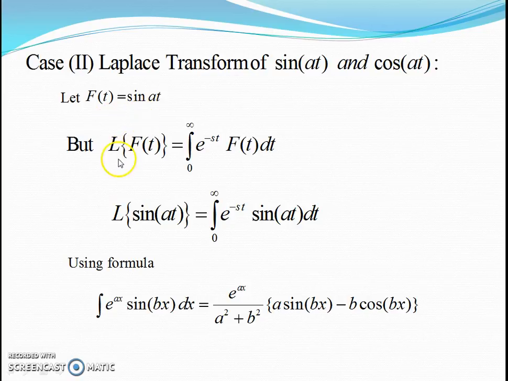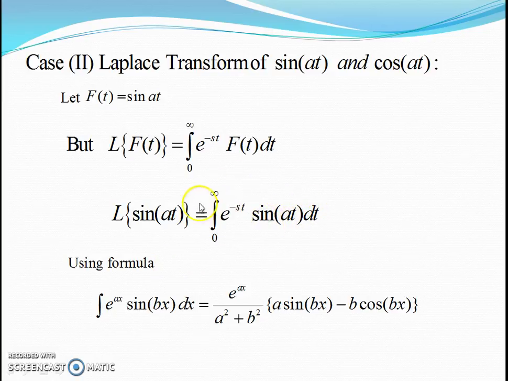Put the value of f of t in the Laplace transform of f of t, that is, Laplace of f of t equal to integration 0 to infinity e raised to minus st f of t dt. This is the definition of Laplace transform. Then we get Laplace of sin at equal to integration 0 to infinity e to the power minus st sin at dt.